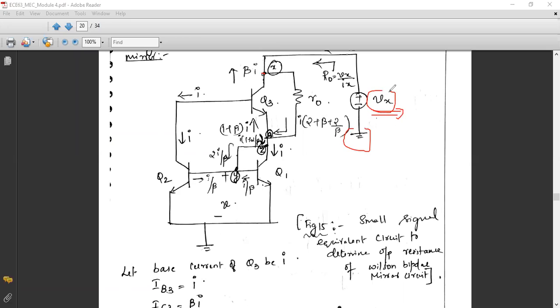This is the total output voltage. So a fraction of voltage will be getting dropped across R0. Across which terminal, can you tell? A fraction of voltage will be getting dropped across R0, across which terminal? Or across which transistor?